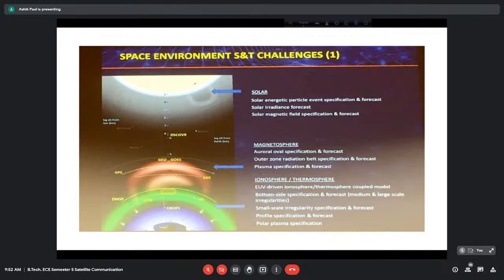And there are different regions through which all these satellite signals, when they are communicating with the ground station, have to pass. Whether it is a satellite close to the Sun for studying some solar characteristics, or a geostationary or GPS satellite, their radio signals used for communication have to pass through these regions.